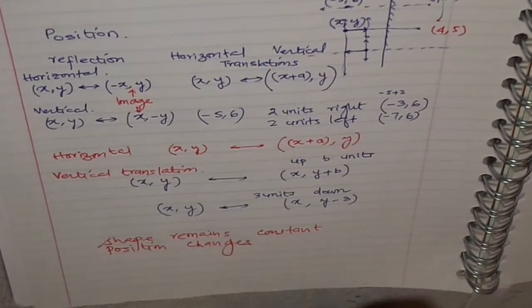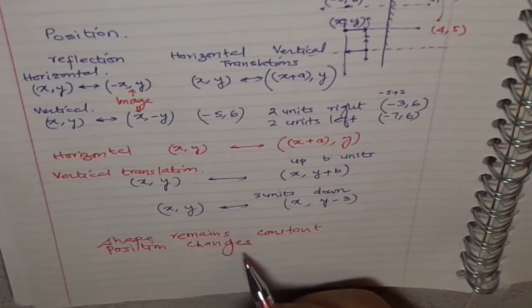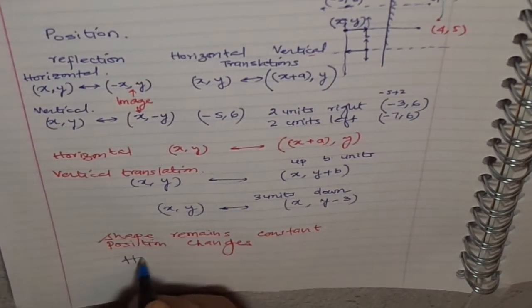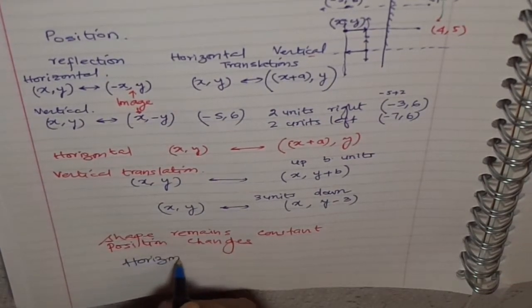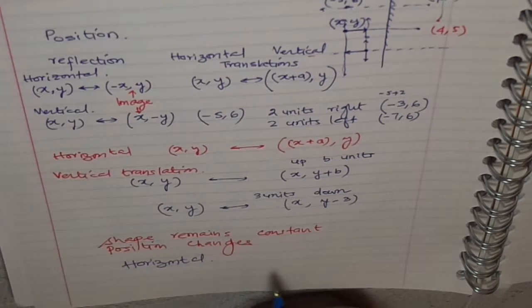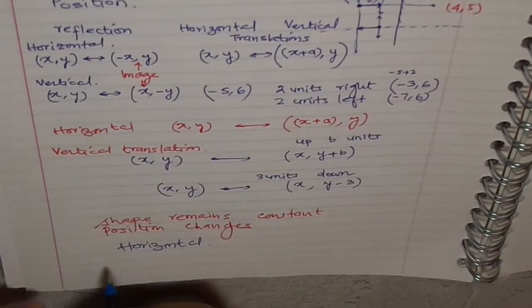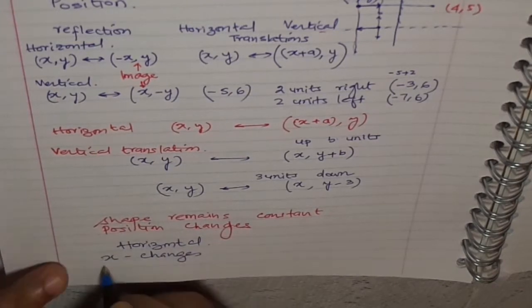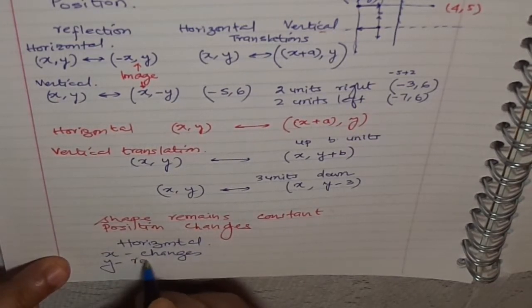Now, position could change the value of x or the value of y. So whenever it was horizontal, then there was a change in the x value. x changes. y remains the same.